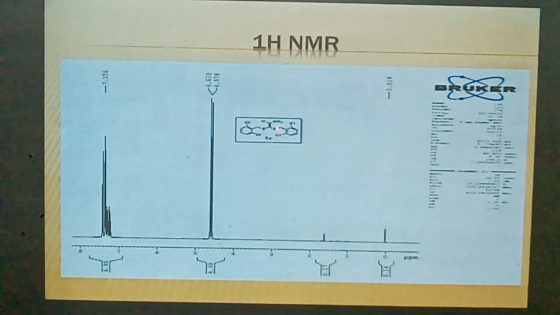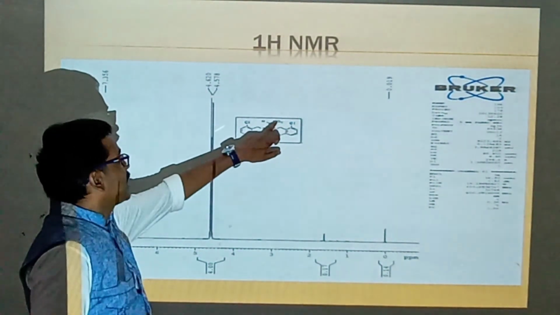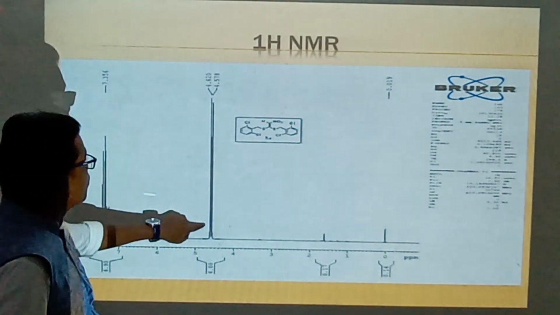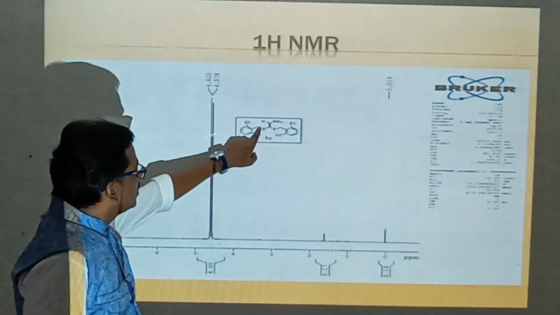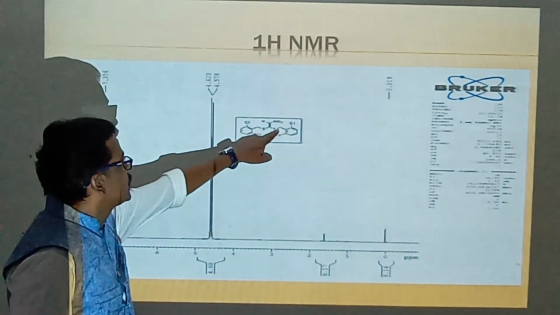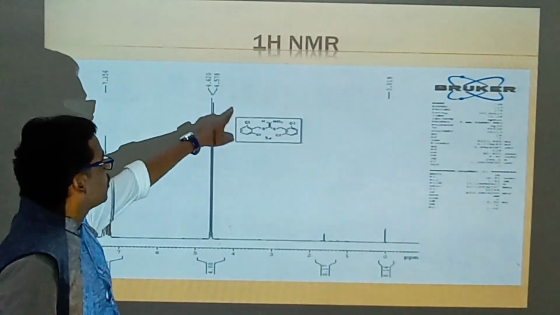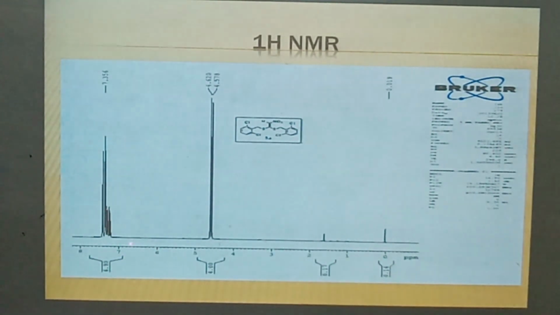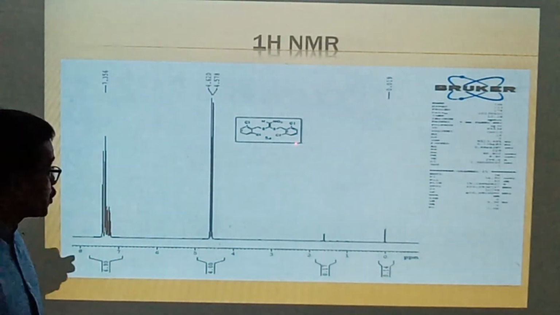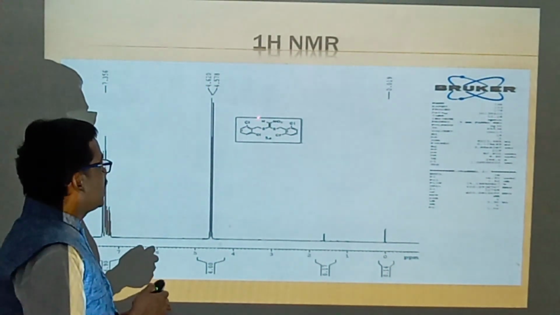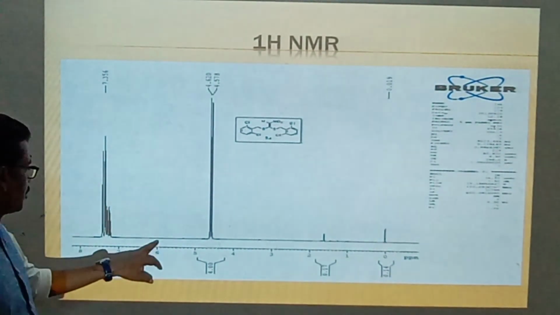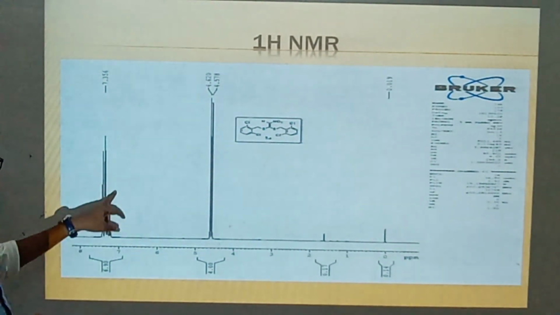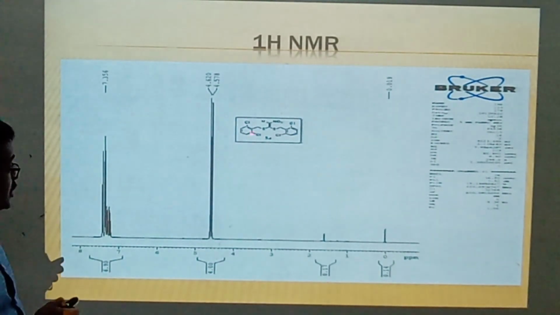So the CH2 which is trans, that is E, to the nitro group is observed in a downfield shift at 4.62, and the CH2 which is Z, cis to the NO2 group, is observed at 4.578. The olefinic proton should appear around 6.5, but because of the strong electron withdrawing nitro group in this molecule, it is shifted downfield from 6.5 to the 7.2 region, and merges with the aromatic protons.